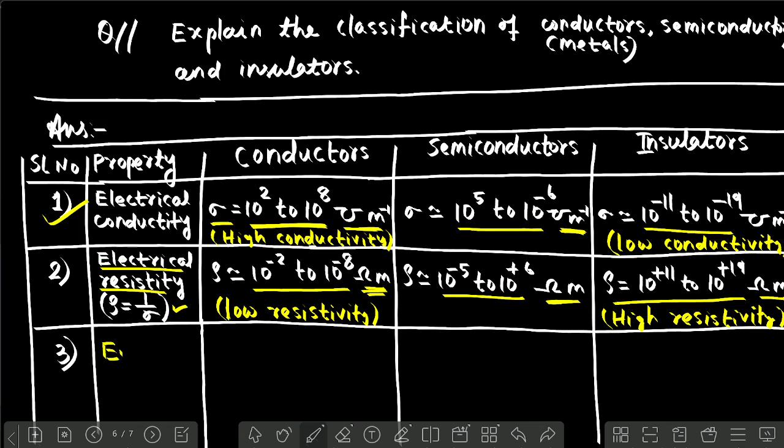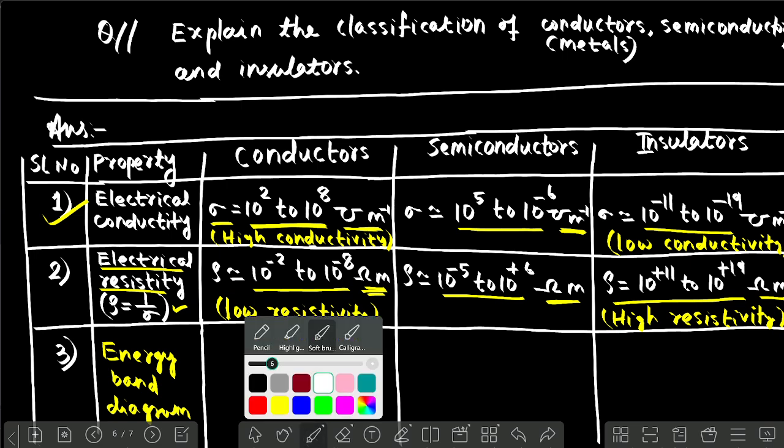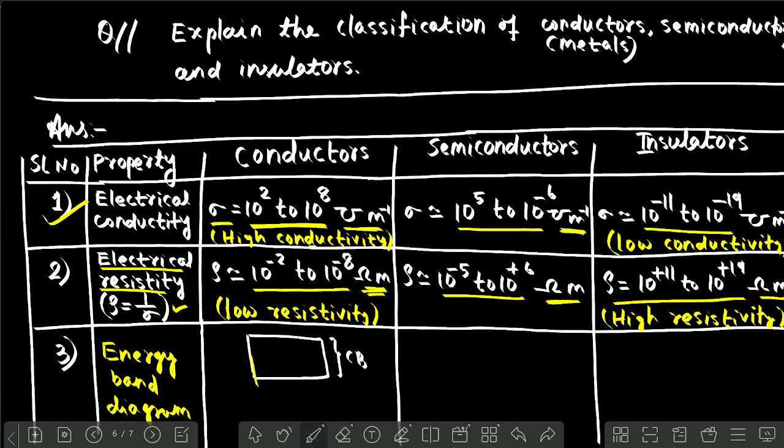The next point is the energy band diagram. This is the diagram of the conduction band and valence band, and we will see how they are arranged. Suppose I take one band in white color, which is the conduction band. Another I take in yellow color, which is the valence band, VB.